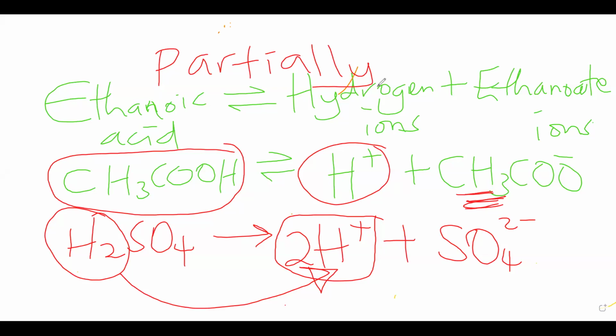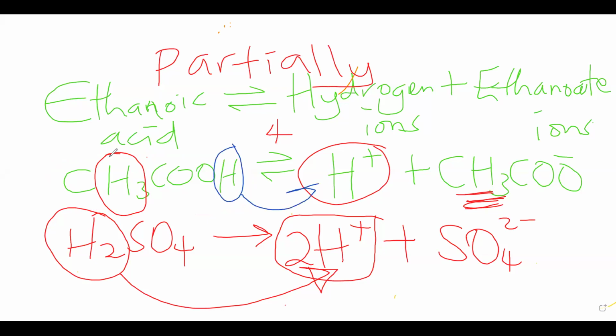Okay, thank you. So just to wrap up what she has said, when you look at this ethanoic acid formula, you realize that we have three hydrogens here and one hydrogen here, which makes four hydrogens. But this last hydrogen here is what forms the hydrogen ions.